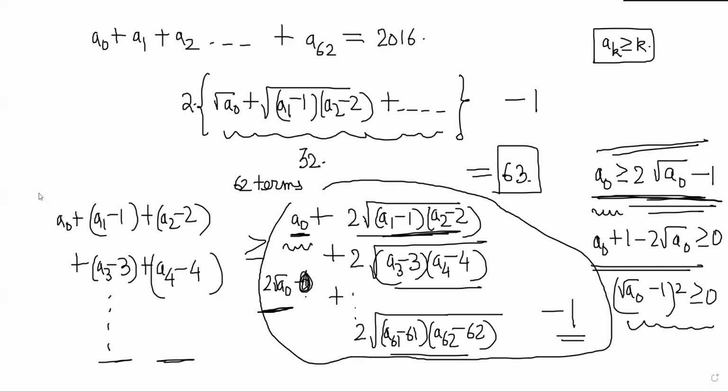Yes, sir. And left hand side was actually supposed to be greater than equal to this, right? Correct? And earlier we have seen left hand side was 63, that was our first step. So we are getting 63, left hand side is greater than equal to 63.